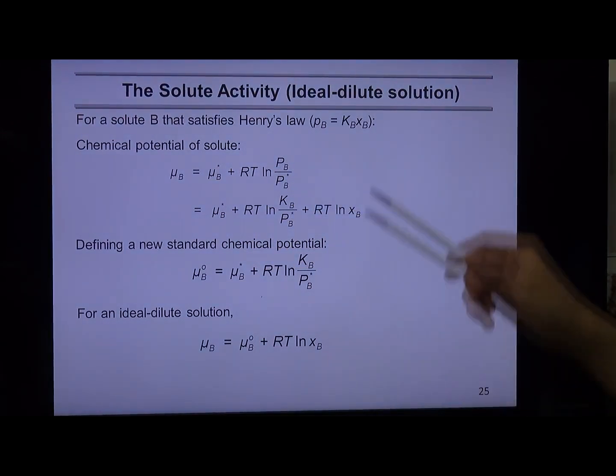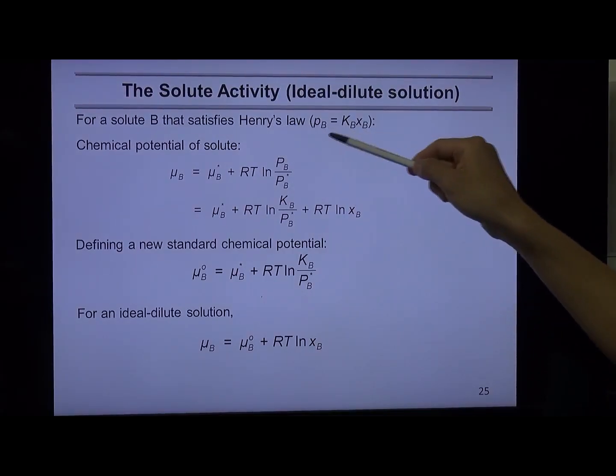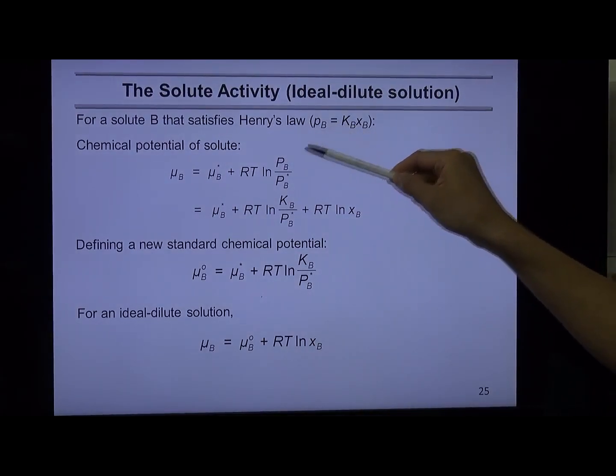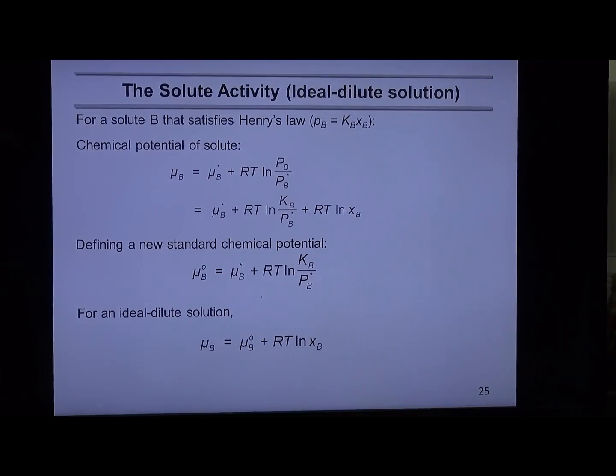And since this solute satisfies Henry's law, if you put this pB into here, you get this expression.